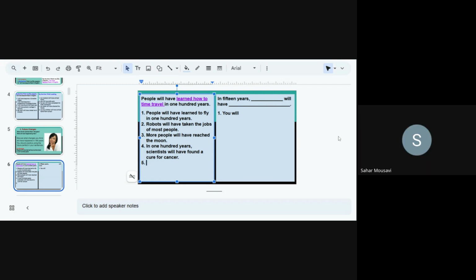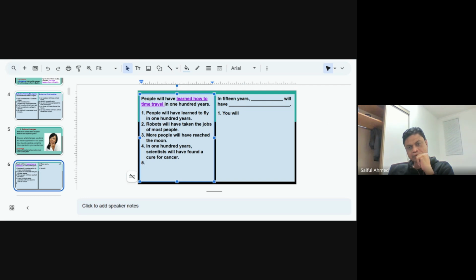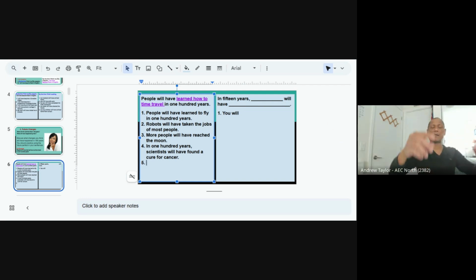Andrew, can we make passive sentences as well? Yes, like it will have been, right? For example, can we say in 100 years, bank notes will not have been used anymore? Okay, just a second. Let me make that sentence.